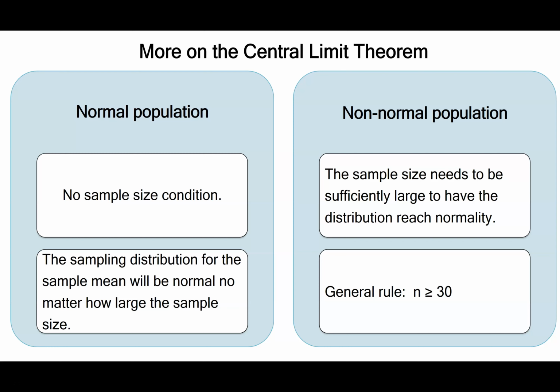However, then there's that non-normal population. So if, let's say, the population is really skewed or there are some really extreme outliers, something like that, then you really have to be careful and make sure that we take a big enough sample size for that central limit theorem to kick in. And in general, so it is kind of funky to think about if you really get into it, we like a sample size of at least 30.